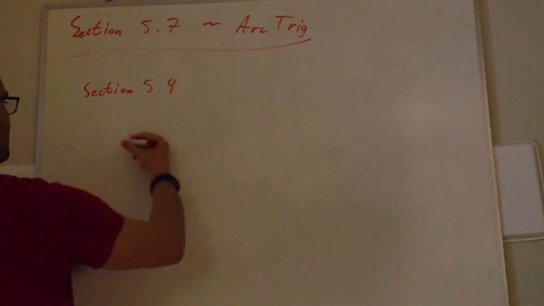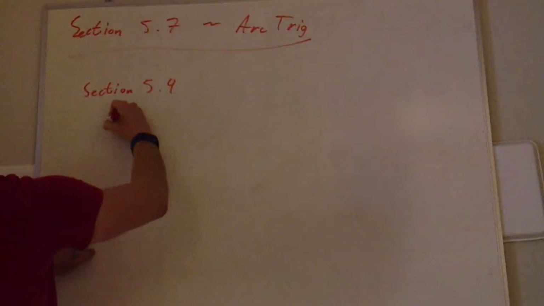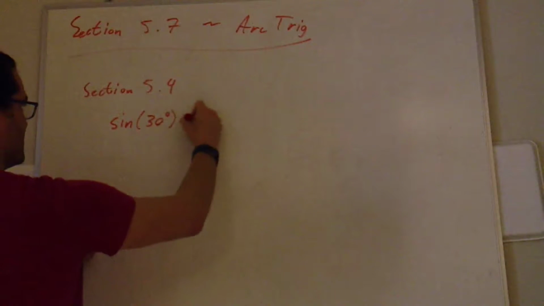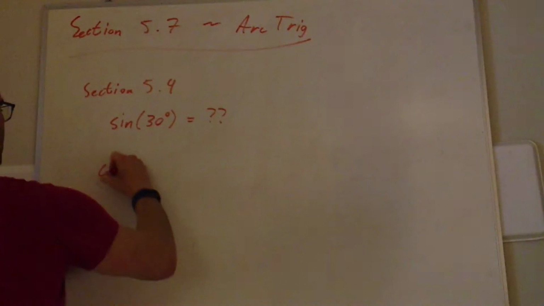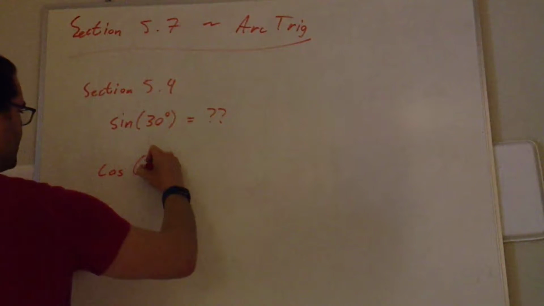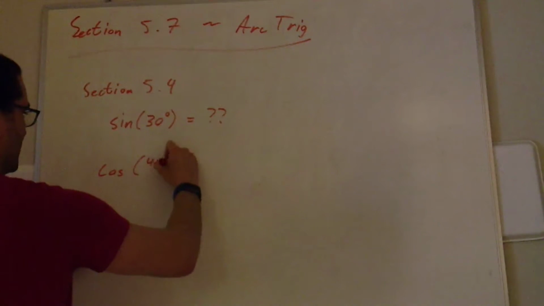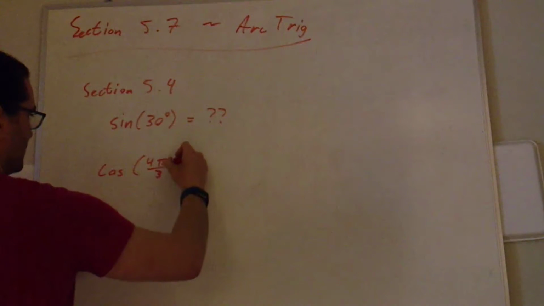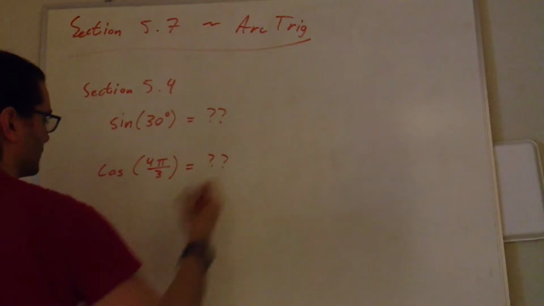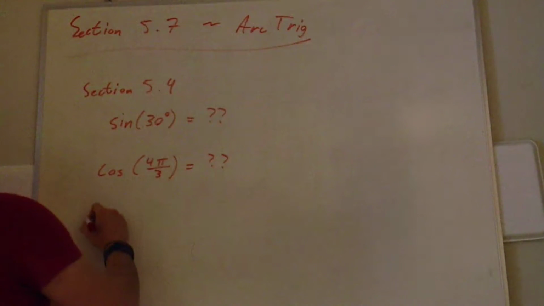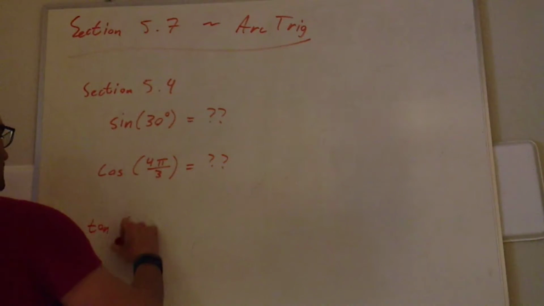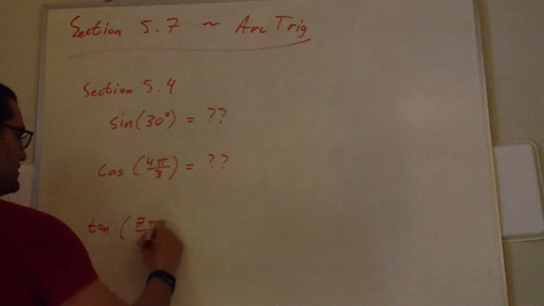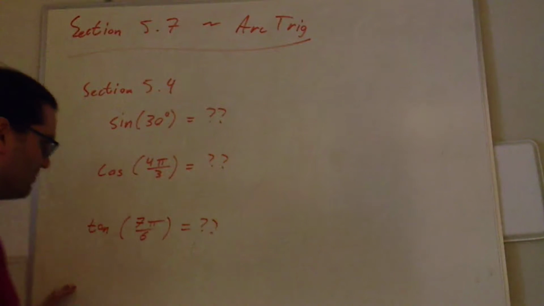So, start with a quick review. In section 5.4, we looked at a lot of problems that looked like sine of 30 degrees equals something, cosine of, let's say, 4 pi over 3 looked like something, the tangent of 7 pi over 6 looked like something.